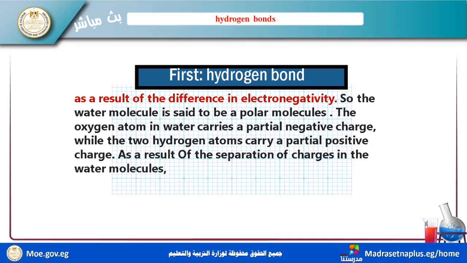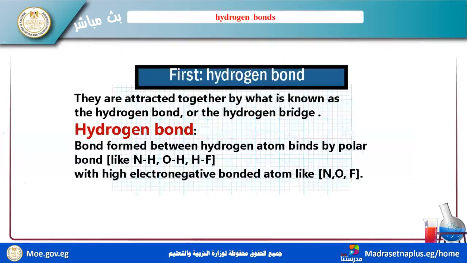The oxygen atom in water carries a partial negative charge, while the two hydrogen atoms carry a partial positive charge. Now, as a result of the separation of charge in the water molecules, attraction forces form between them, known as a hydrogen bond. In hydrogen bonds there's no sharing of electrons.